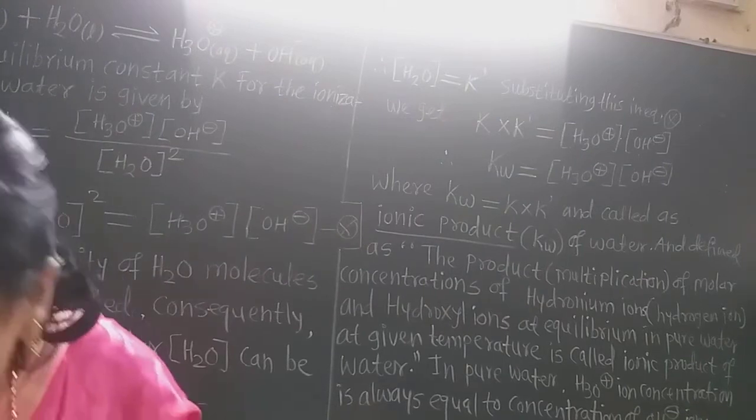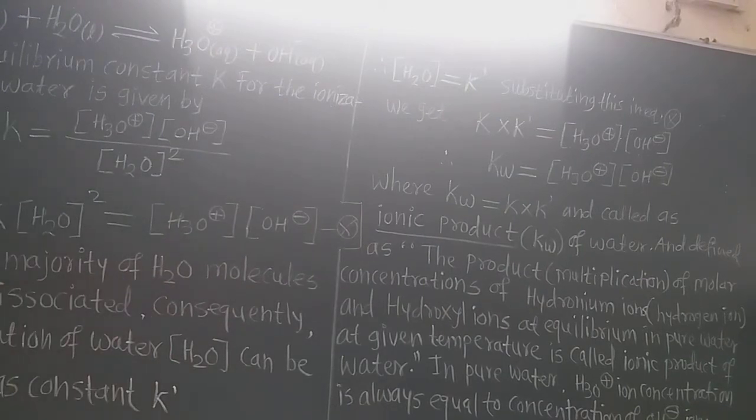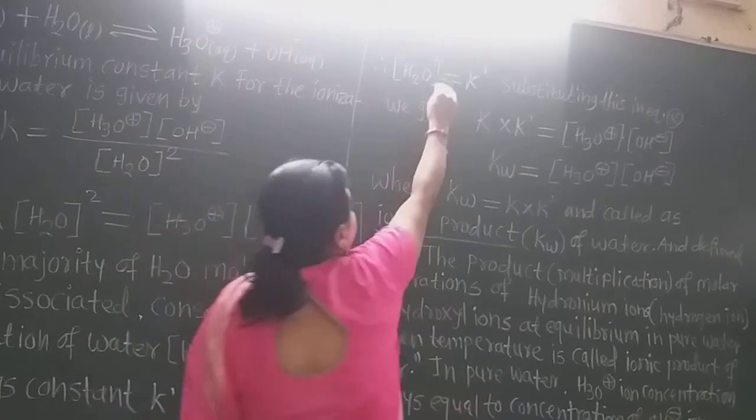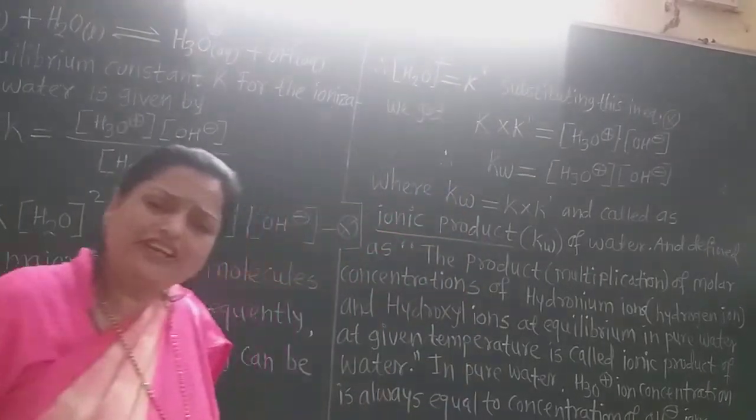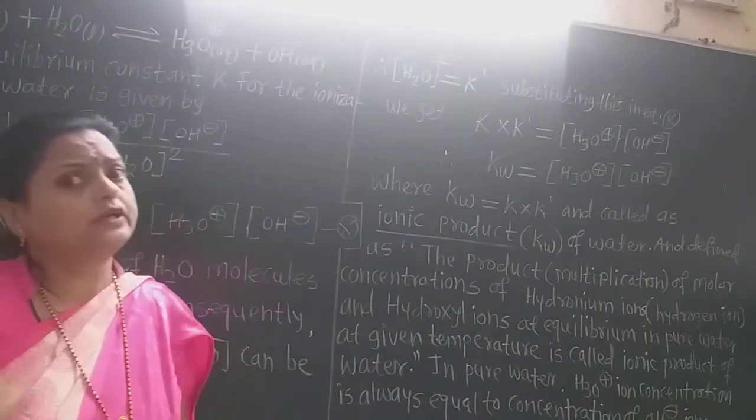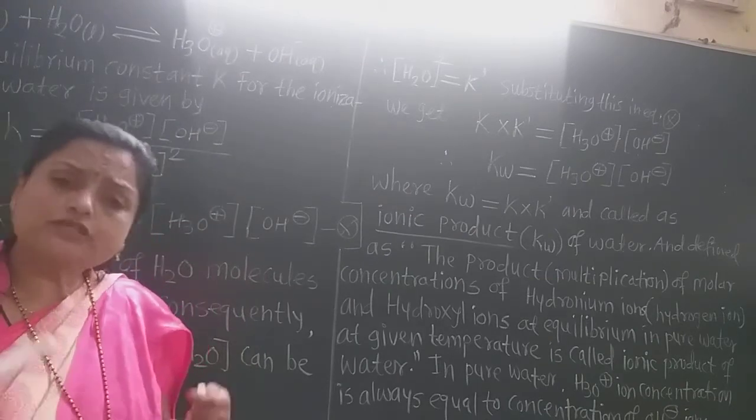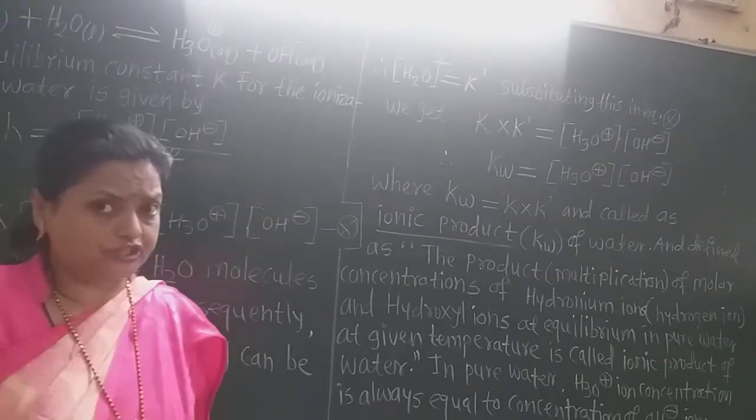You can write H2O bracket square here also, but that is also a constant. So take the concentration of this water molecule as constant, because only a very small amount of water gets dissociated. Suppose the concentration is K dash, any constant.